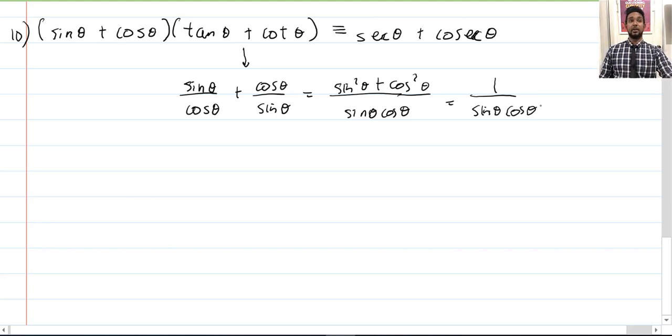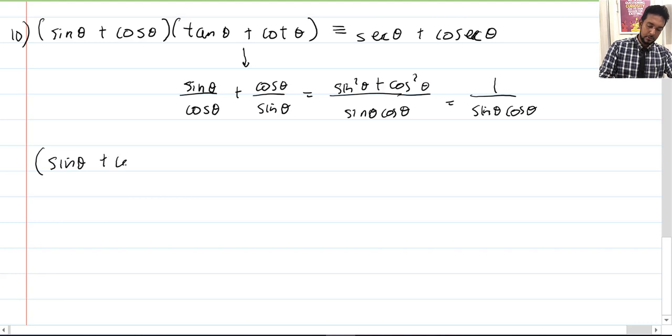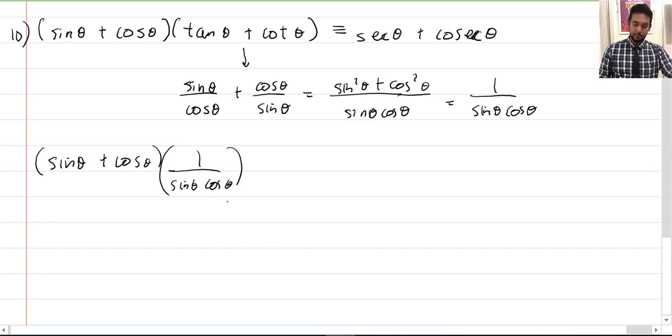Now this could very well be going on the wrong path. It could be. Because now what we have to do is multiply sine theta plus cos theta by 1 over sine theta cos theta.